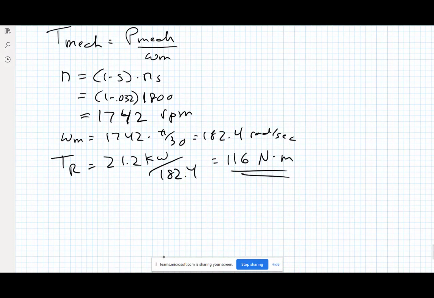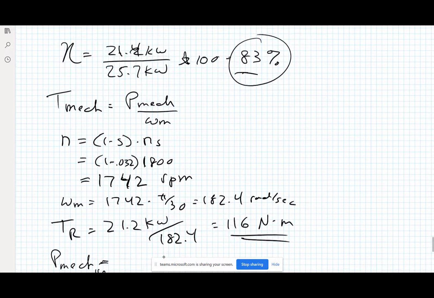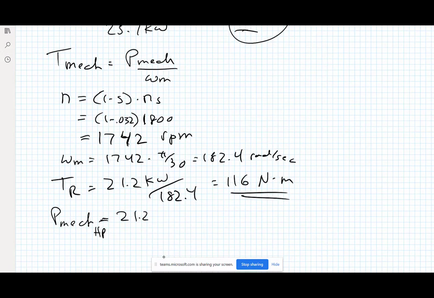Now the one other thing, I could put my P mechanical in horsepower. That's probably the way things are looked at from the motor standpoint, because we have to remember that horses used to do everything. So we have P mechanical, 21.2 kilowatts.